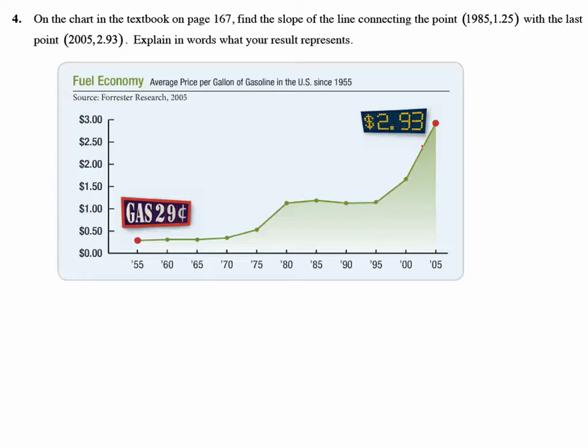I mean, here's a big, humongous slope right here, but this is fuel prices. Could you imagine at 1955 we were paying like 40 cents for gas? That's kind of cool. I remember when I first started driving. I remember getting gas for like 89 cents at Arco.